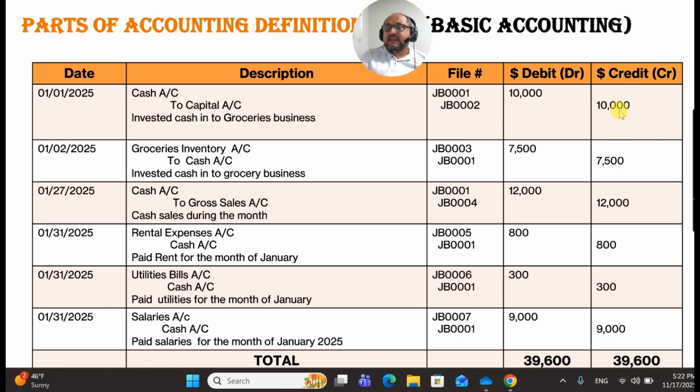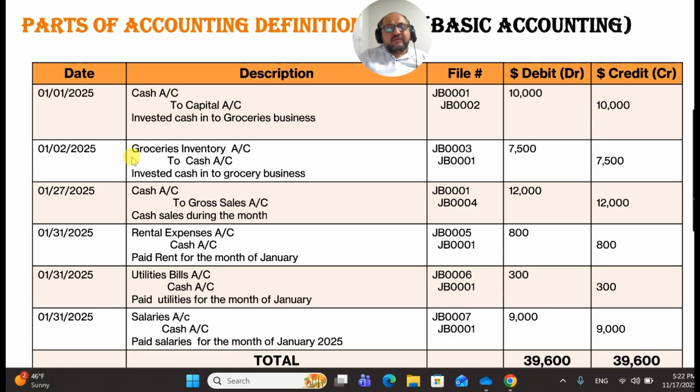An increase in capital or owner's equity is recorded as credit. So, invested cash into the groceries business. Simply, cash increase is recorded as debit. Capital decrease is recorded as credit. Because decrease in capital is recorded debit, increase is recorded credit.